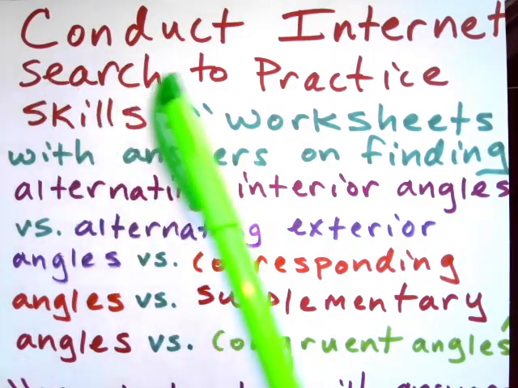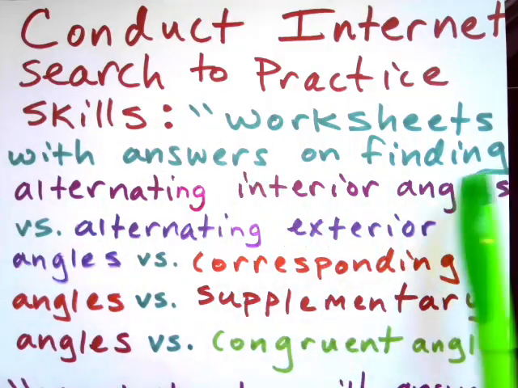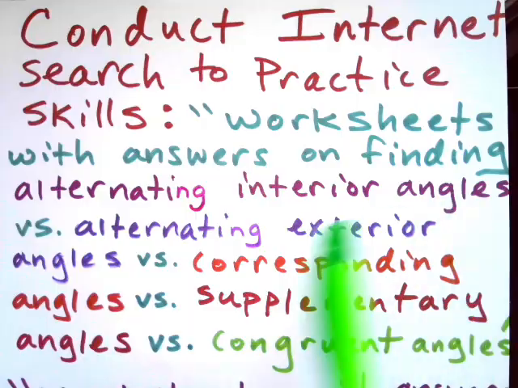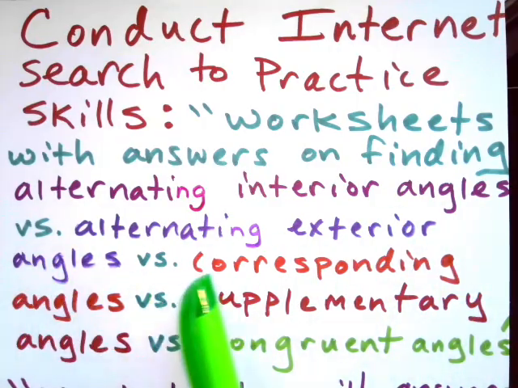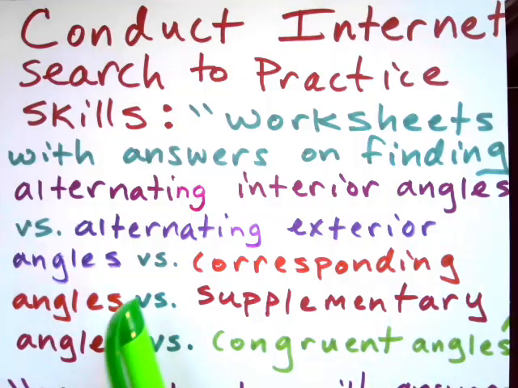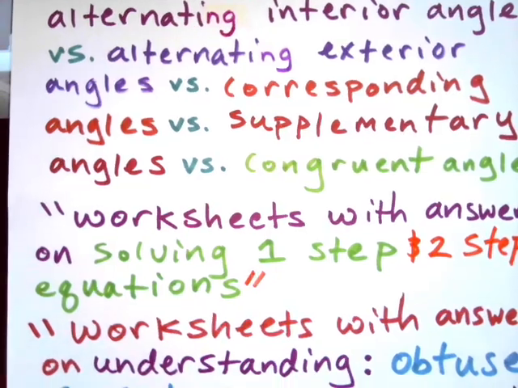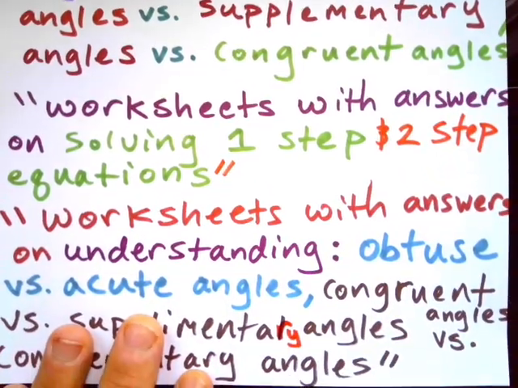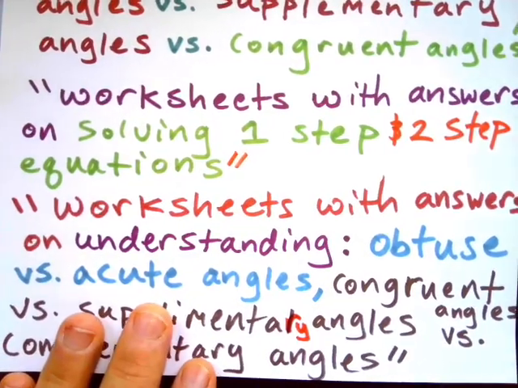You can put in for any internet search tool worksheets with answers on finding alternate interior angles versus alternate exterior angles versus corresponding angles versus supplementary angles versus congruent angles. You can find this, punch that in, and work on the worksheet. You want answers because you want to know, am I doing this right? Am I doing this wrong?